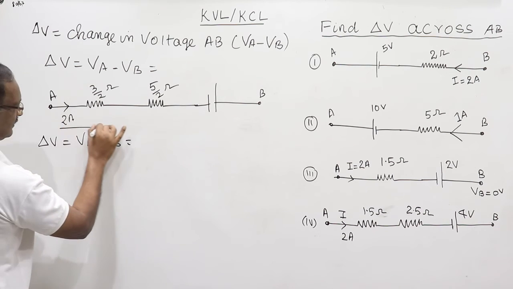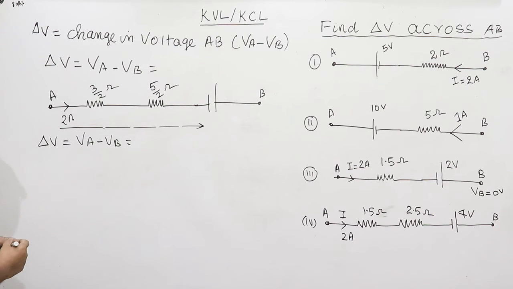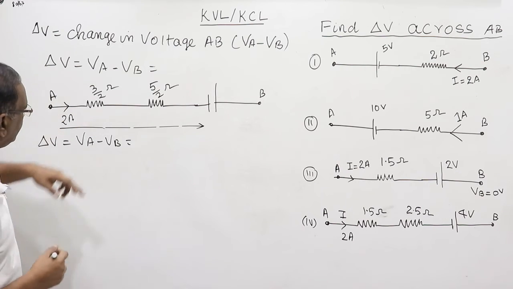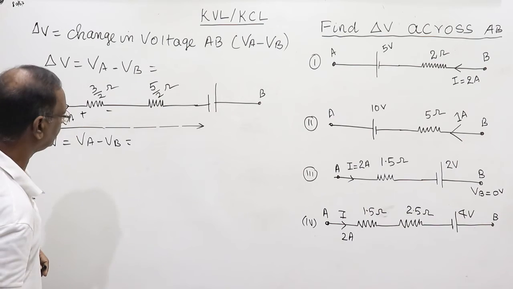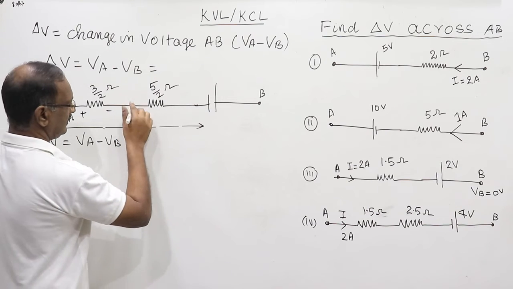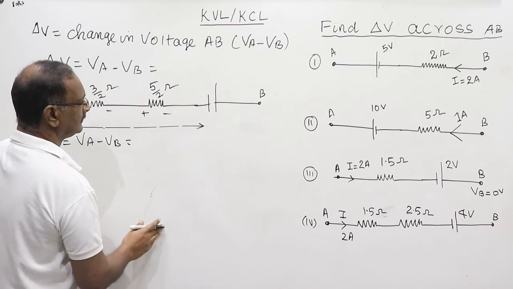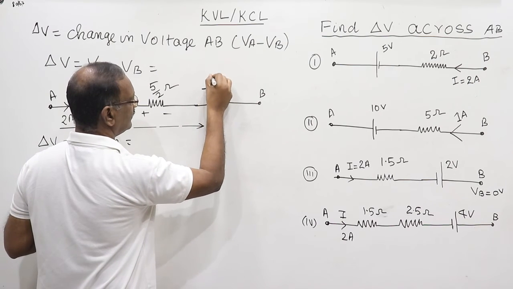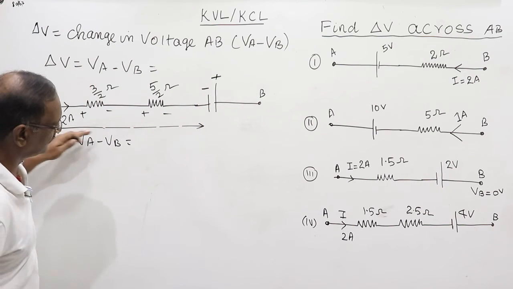Let us move this way. Since current is flowing from here to here, this is at positive potential, this is at negative potential, and current is flowing this way, this is positive potential, this is negative potential. This is the negative side of the battery, this is the positive side of the battery. So for VA minus VB, we are moving this way.